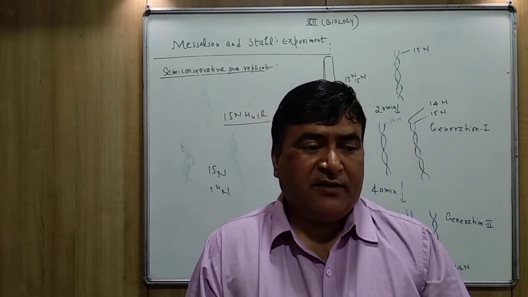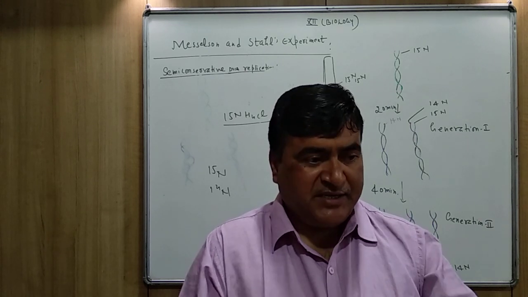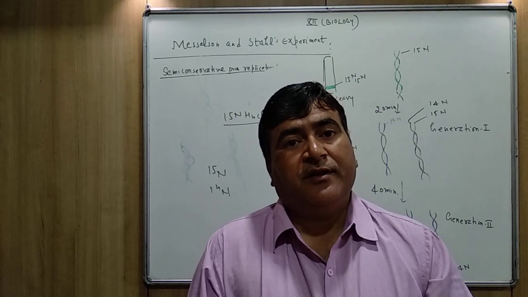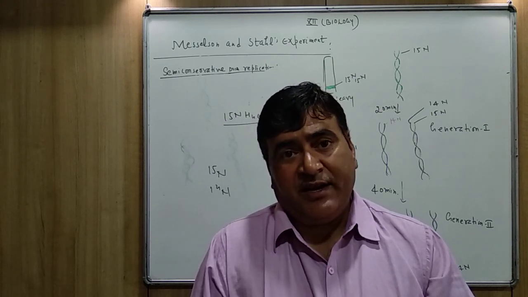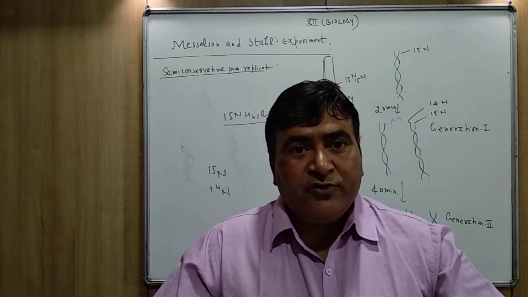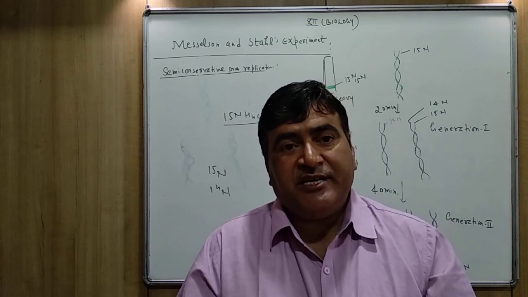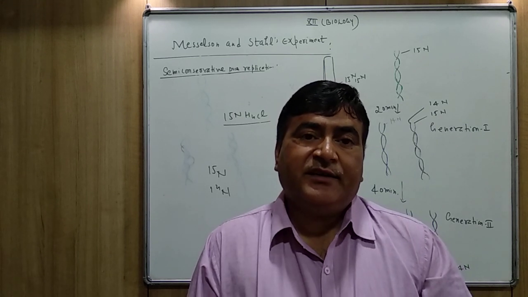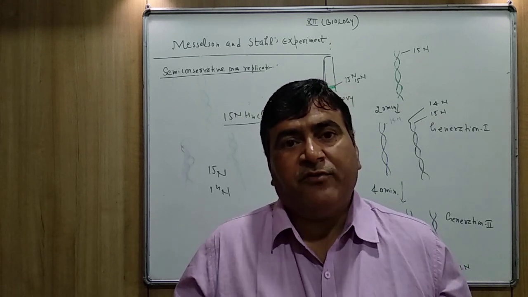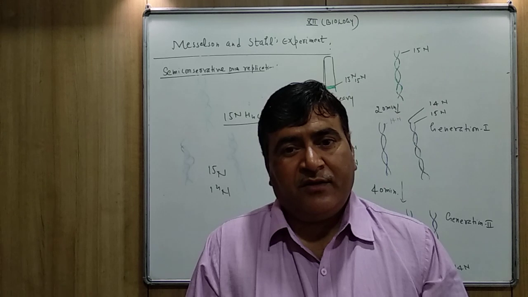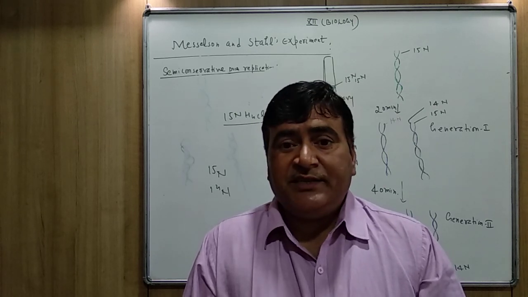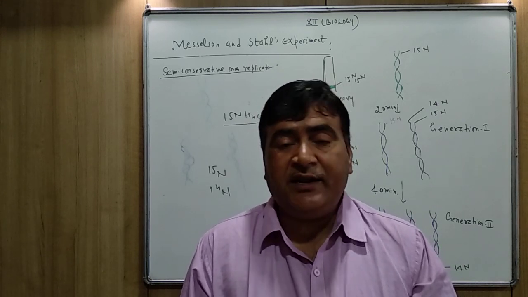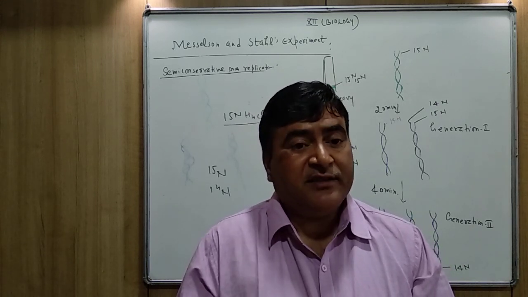Within 20 minutes, the bacteria can multiply and produce new bacteria, or you can say the DNA is also replicated, synthesized just within 20 minutes. So after 20 minutes, it can produce a number of E. coli bacteria. The multiplication is very fast, and this was also a reason to select E. coli bacteria to demonstrate this experiment.